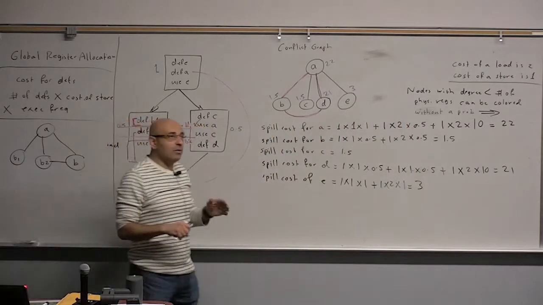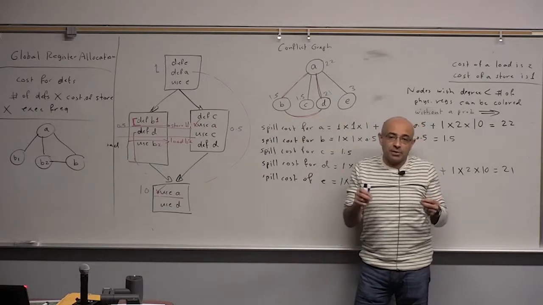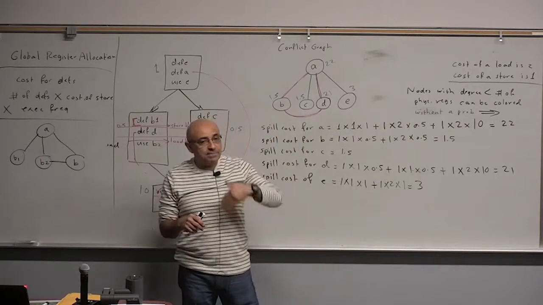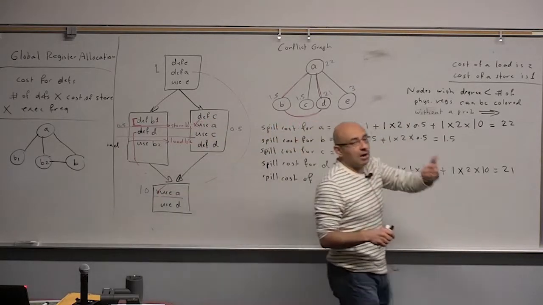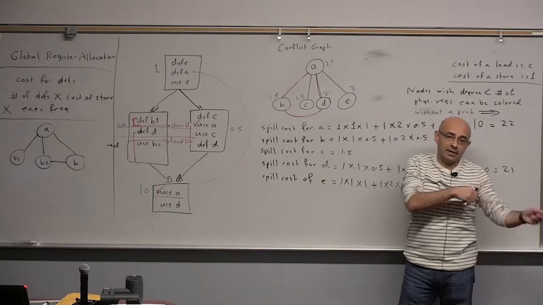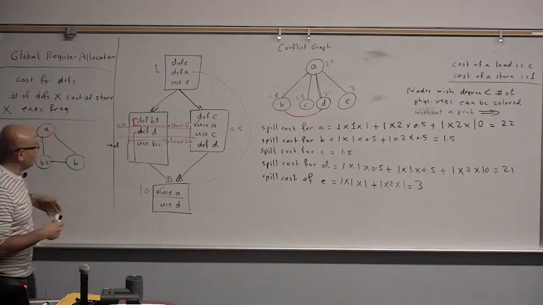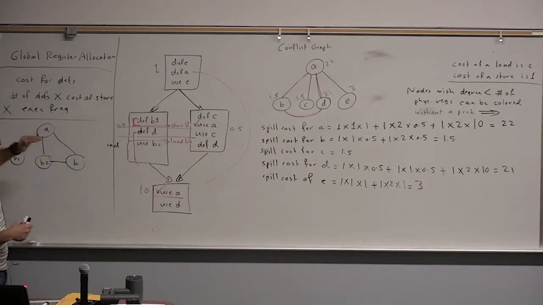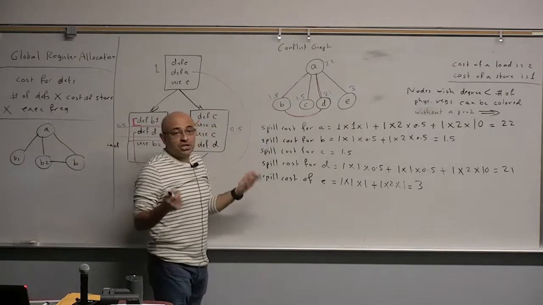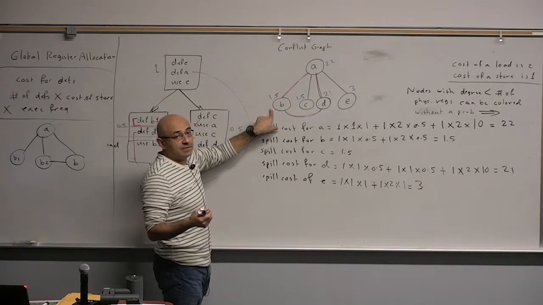So the algorithm wouldn't know if spilling a certain variable or spilling a certain virtual register is going to reduce conflicts or not until it actually spills, and then it rebuilds the conflict graph, and it sees if now we have less conflicts or not. So we don't know beforehand. That's going to be what we will conclude at the end. But right now, we are having these options, and we should be cheap. We should be trying to spill the cheapest first and see if that resolves the problem.